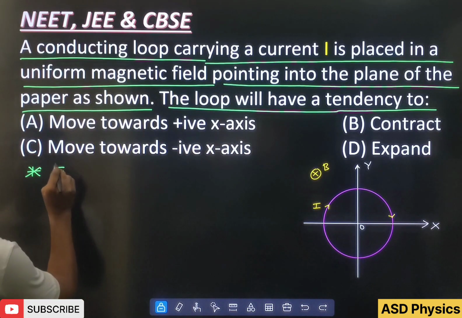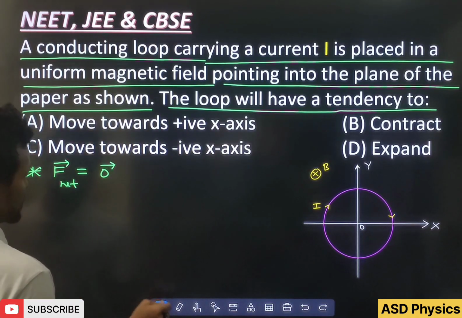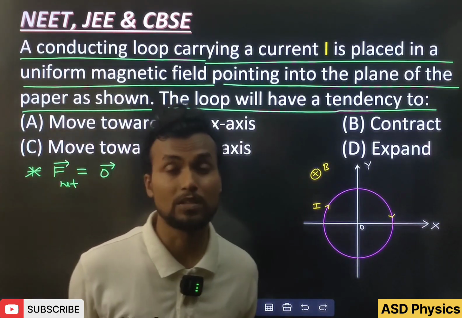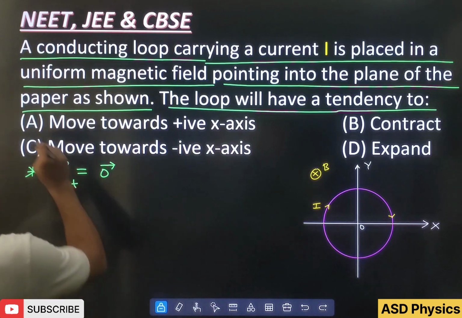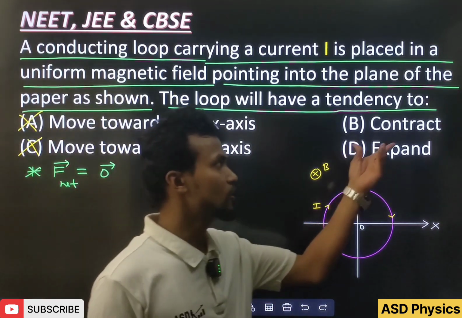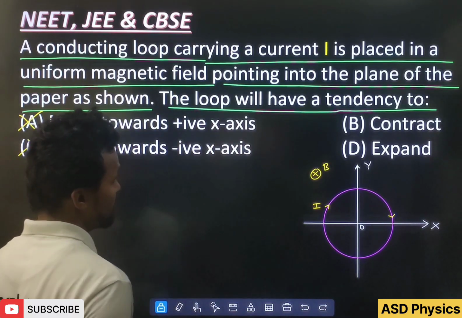This is a closed loop. Closed loop means how much net force it will experience? Zero net force. Zero net force means it will not do any translational motion. In the absence of net force, the loop cannot do any translational motion. That means option A is not possible, option C also not possible. So either the loop will contract or expand. Here we have to identify in which direction.